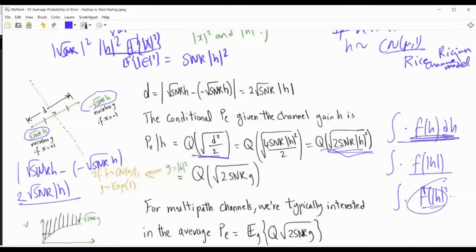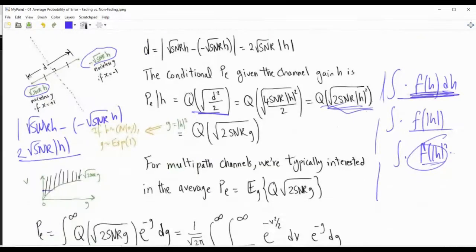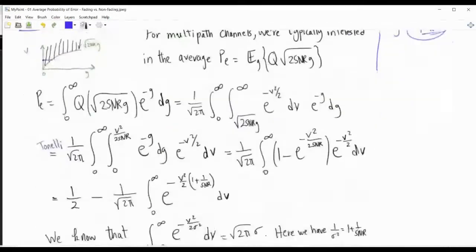And sometimes I will give you a problem later in which you will do the averaging with the PDF of H itself. Okay, but it's a matter of convenience. Basically those three will give you the same result. Okay, for now, we just multiply by the PDF of the magnitude of h squared, which is the exponential function, which is this guy here.